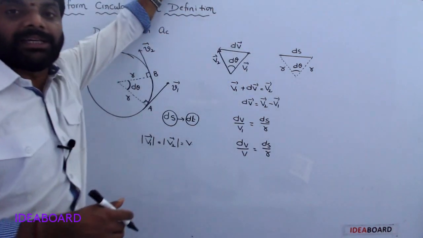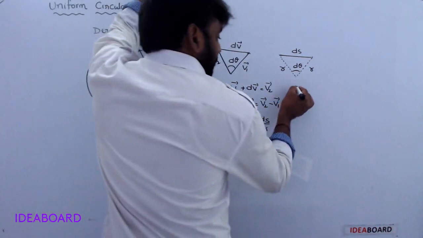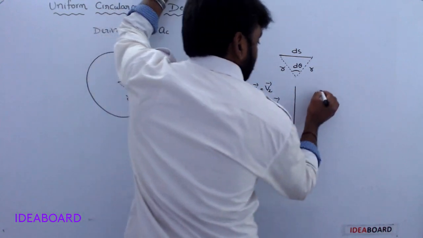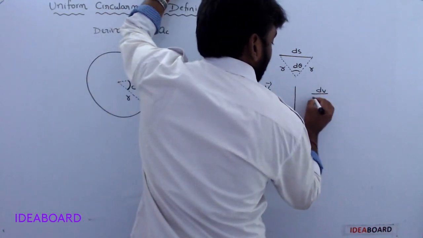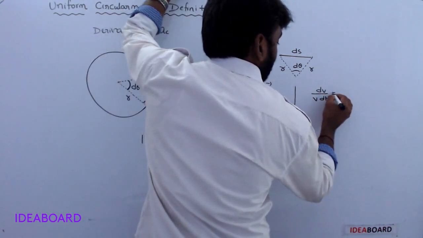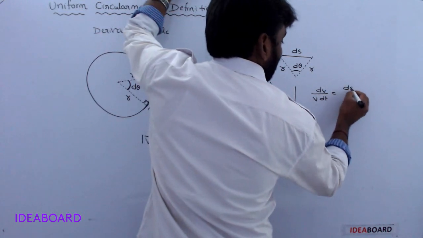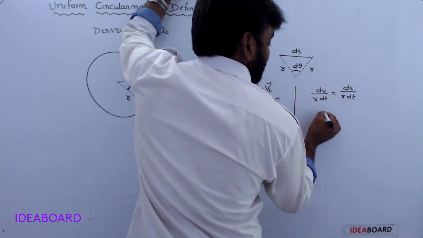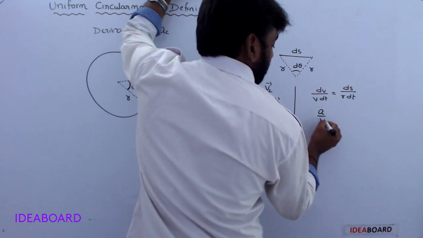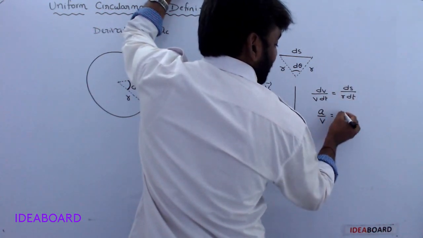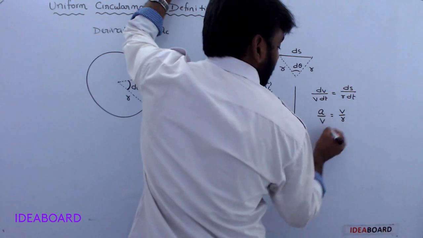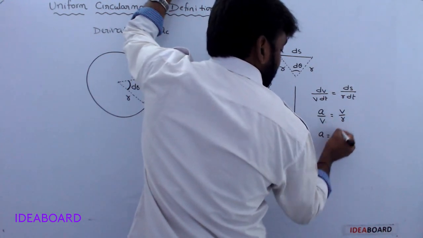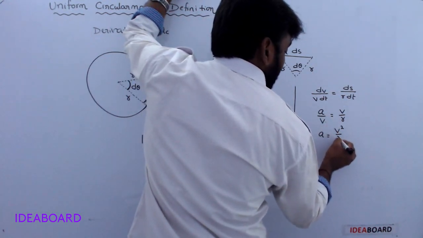Both sides divided by time: dv by (v dt) is equal to ds by (r dt). dv by dt gives the acceleration a, and ds by dt gives the velocity v. So a is equal to v square by r.